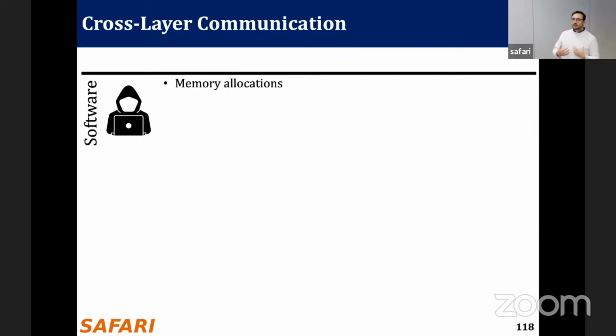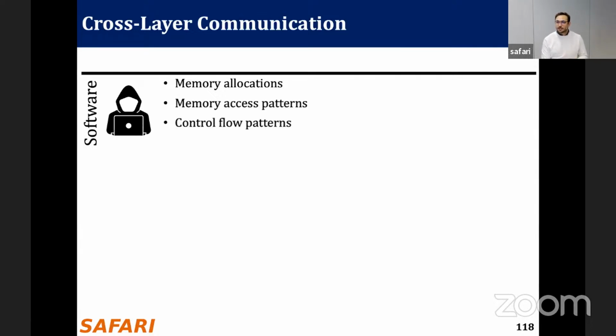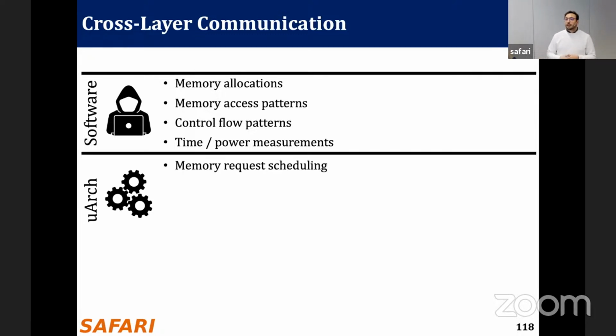The types of operations that we perform here are at the granularity of memory allocations. We can create different memory access patterns, we can create control flow patterns, and we can measure time and power from the system level or software level. This is the control that we have on the system at this level.